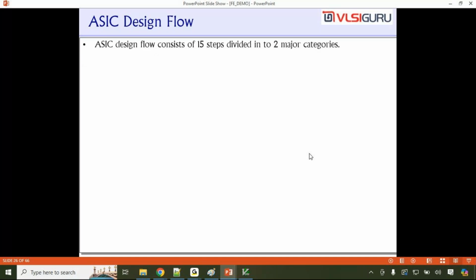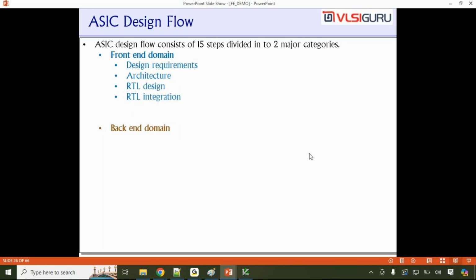So ASIC design flow consists of 15 steps divided into two major categories. One is called the front-end domain, one is called the back-end domain. The front-end domain starts with requirements, design requirements, then architecture, RTL design, RTL integration, RTL functional verification.